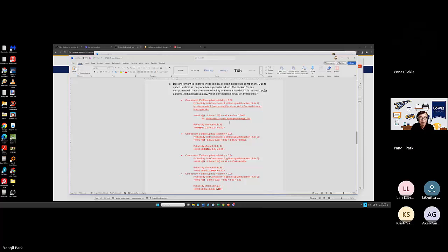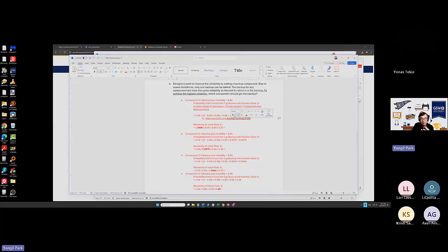So what we have is the main failing with 0.02, but the backup working with 0.98. That's what we found here. Then the reliability of the robot, based on rule number 1, assumes all components work, because we are looking at this calculation for component 1.